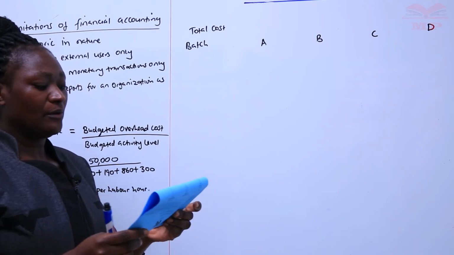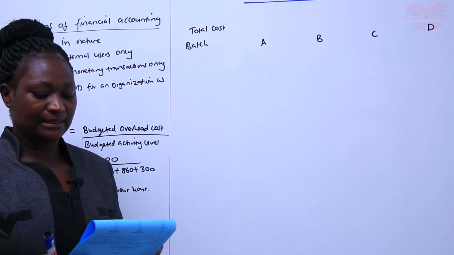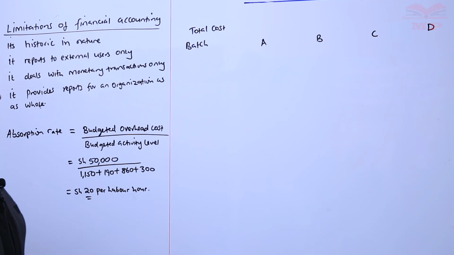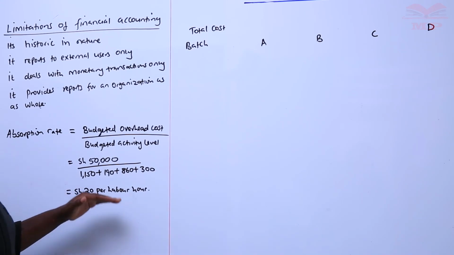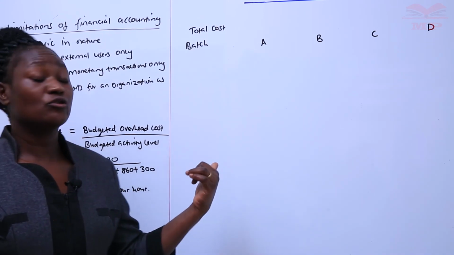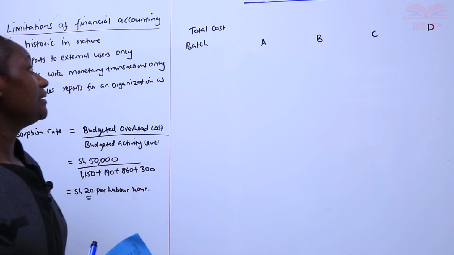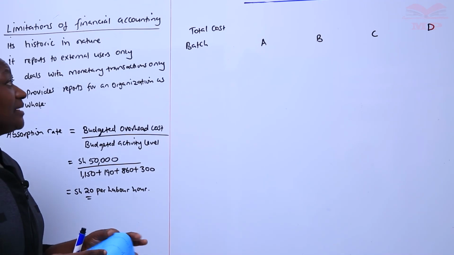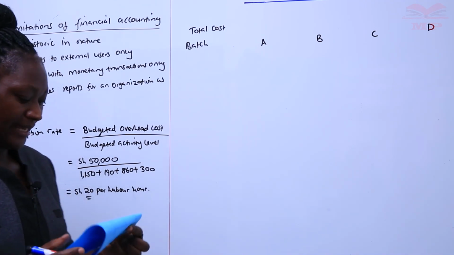So in the question we were given direct materials, direct labor, and remember anytime you calculate an absorption rate, that is normally used, or it helps you to calculate the production cost of producing that particular batch. So that means our total cost will comprise direct materials, direct labor, and the production overheads.